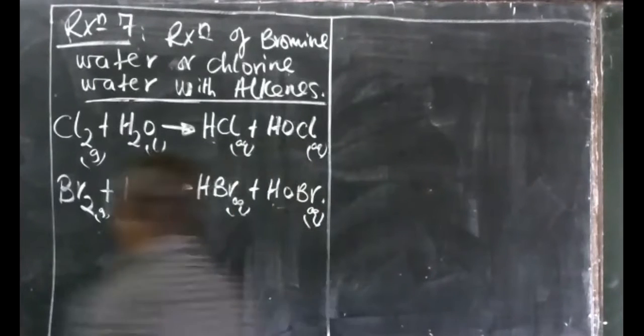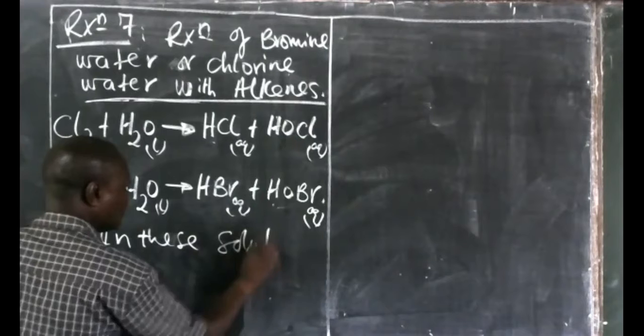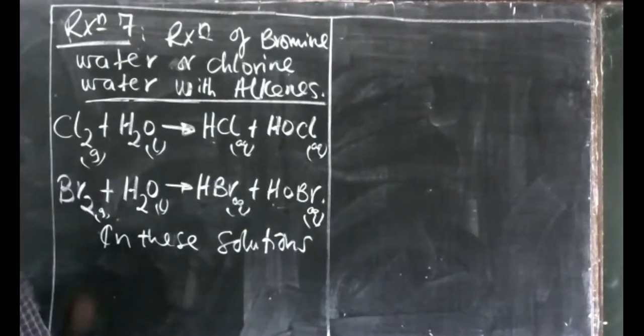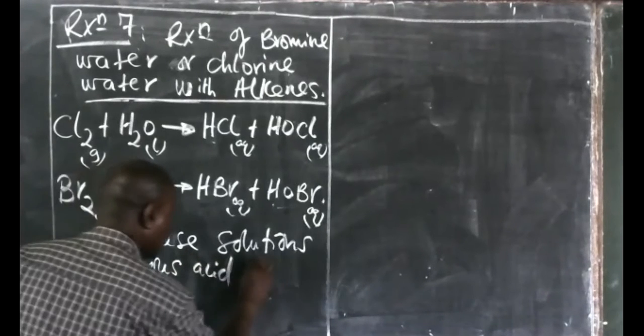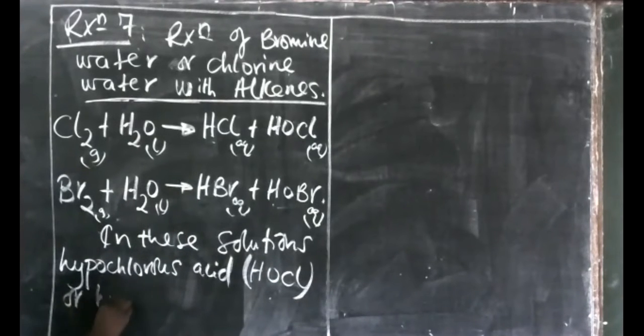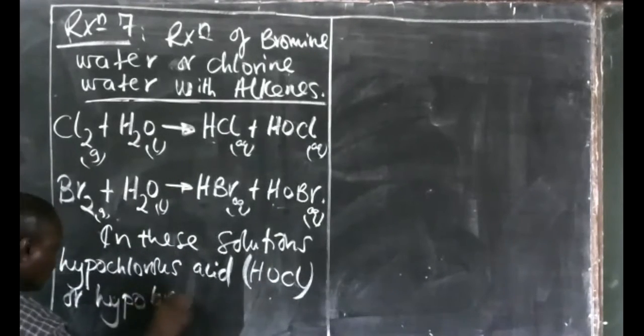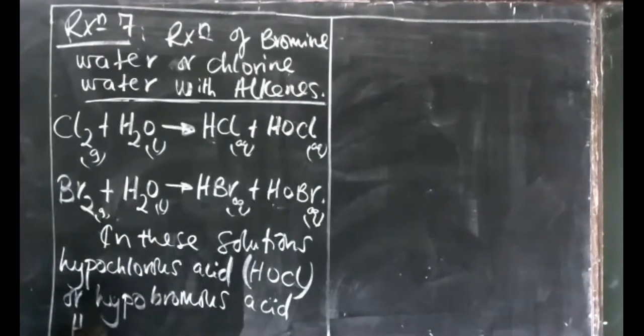So you can say in these solutions, hypochlorous acid, which is HOCl, or hypobromous acid, which is HOBr.